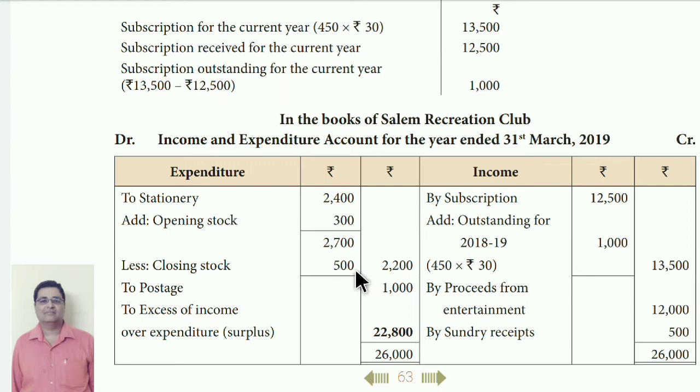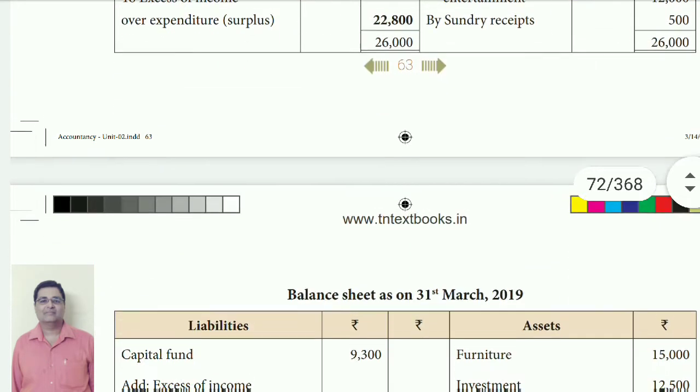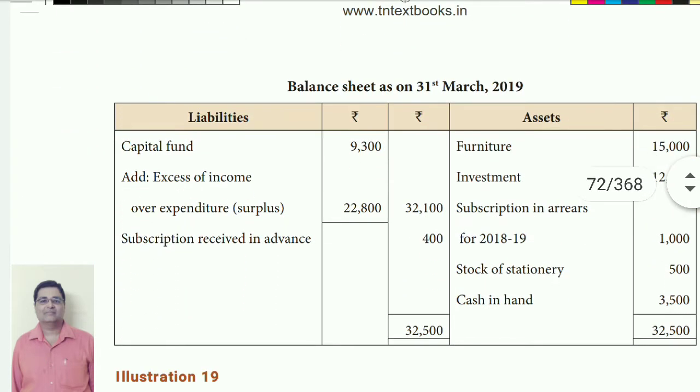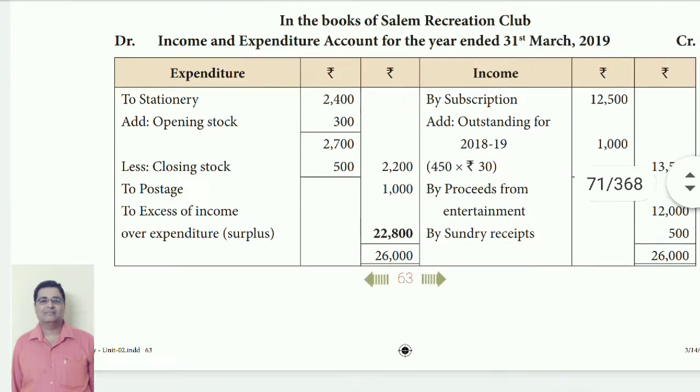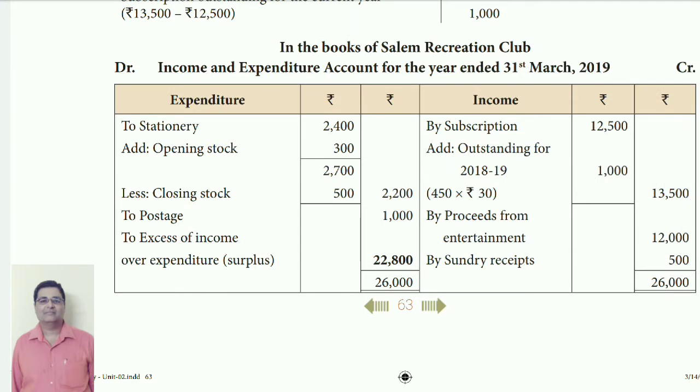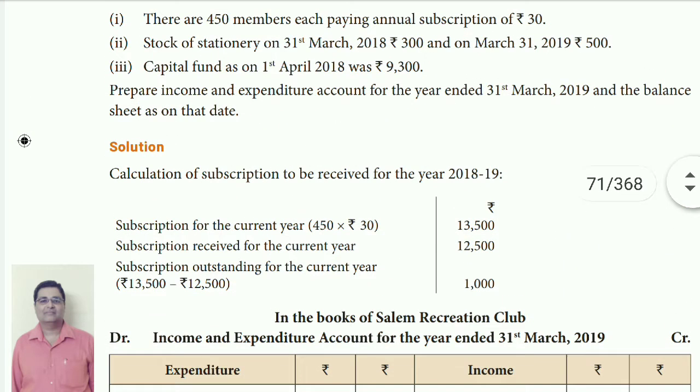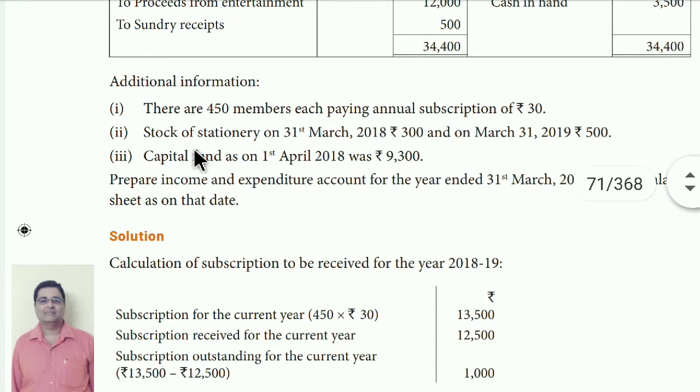So this 500 is the closing stock of stationery. So this also we have to write in the asset side because all the closing stock we have to write in the asset. Now see here, stock of stationery rupees 500. Understand? So simple formula, opening stock plus purchases minus closing stock. So opening stationery plus purchases minus closing stock of stationery. So this second adjustment is over.